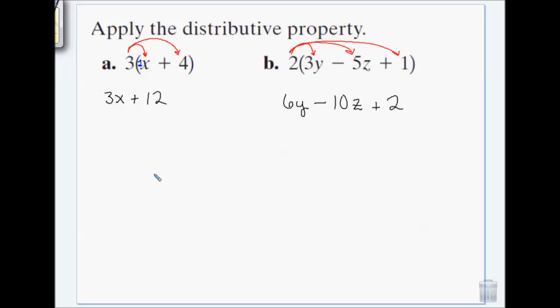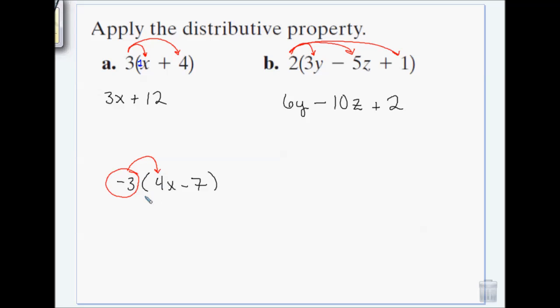Now, very important. If this number out here has a negative attached to it, when you distribute it, you distribute that negative in with you.